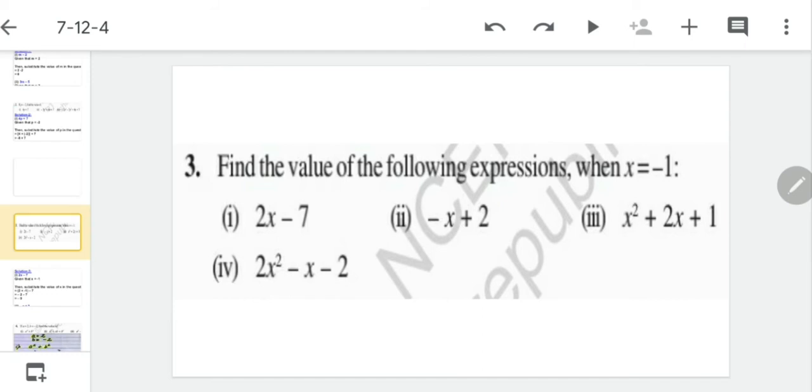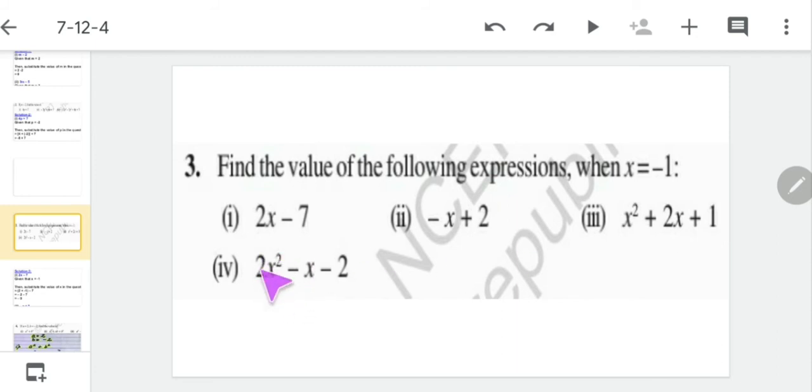Now the next question is the same. We have to find the value of the expression when the value of x is given as -1. So in all the following parts, we have to place -1 in place of x and find the value of these expressions. You can see these expressions are all very simple.